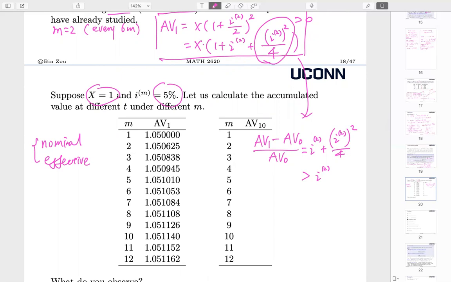So 5% is the nominal interest rate. If the effective interest rate is also 5%, you will be getting exactly 1.05. That's in this case. But as we can see, as n gets bigger and bigger, you will earn more. What would be the limit when n goes to infinity?